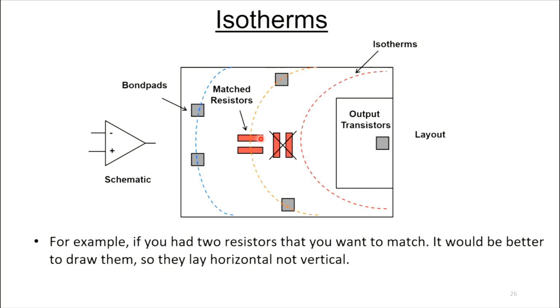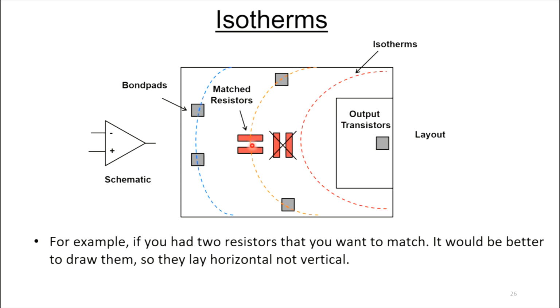Again, you would probably draw these using those fancy layout techniques, centroid, ABBA, dummy resistors, and all those techniques are in here to null out these types of gradients. Temperature is a gradient, CDs are a gradient, poly sheet resistance is a gradient, and all of these fancy techniques will null out a lot of these gradients. But a lot of times you can just say, boy, I'm looking at the chip, I know where the hot spot is.